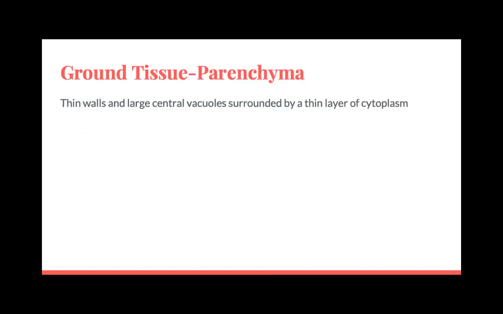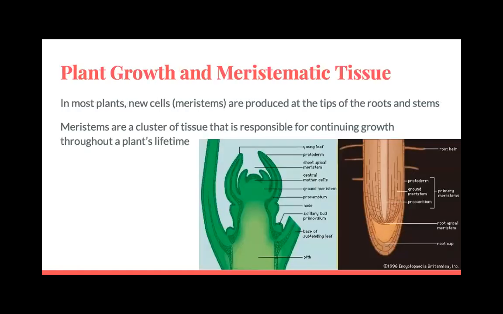So what does it do? It's a support structure. It can be used for storage, okay? And it is also where photosynthesis takes place in the leaves. So photosynthesis actually takes place in ground tissue, which makes sense, right?